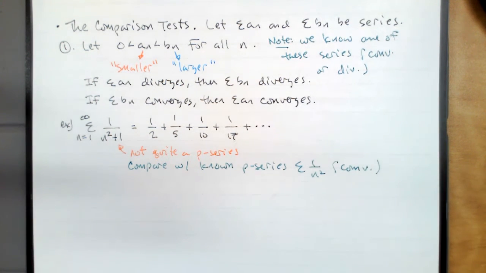And 1 over n squared, we know, converges. So we're going to conclude that 1 over n squared plus 1 converges by comparison with 1 over n squared.